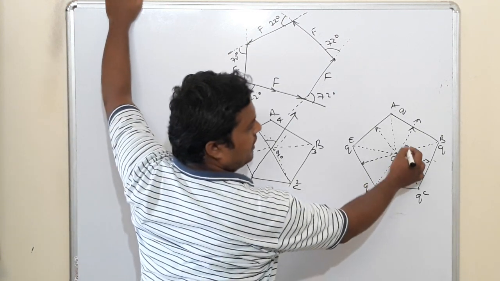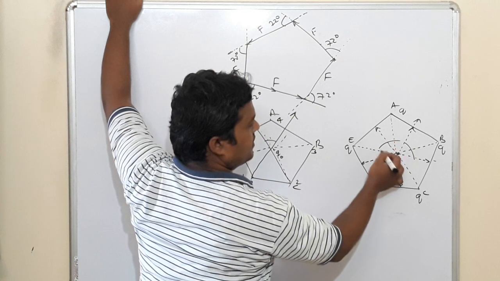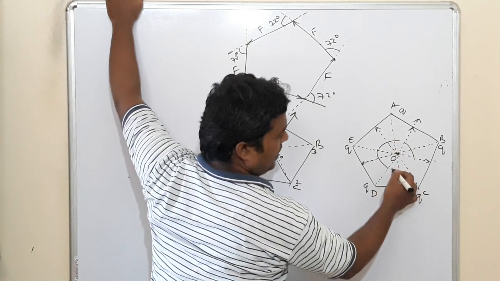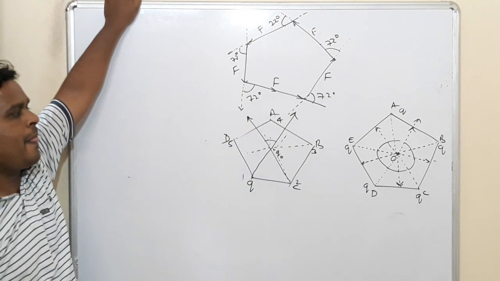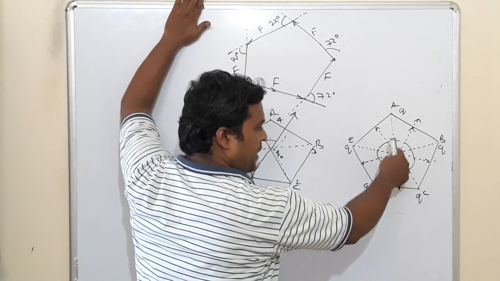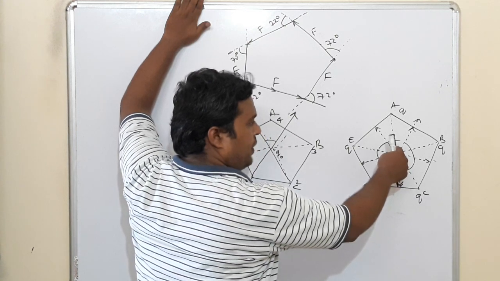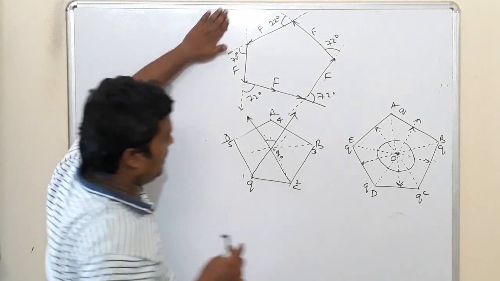See, here, these are the forces. The total angle should be equal to 360. That means the net force experienced by a test charge placed at the center of the pentagon will be 0.